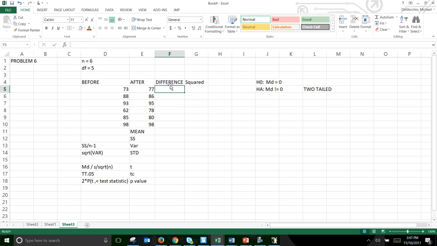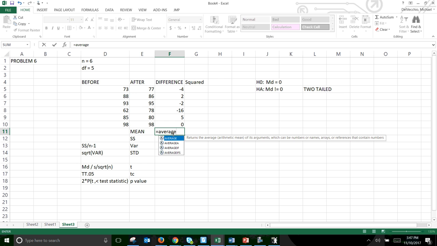So here I'm going to calculate my difference. I'll just do before minus after. Okay, so that's -4. So we actually did better. Let's go ahead and copy that down. Notice here they had the same score, so there was no difference. So this is going to be equal to the average, and I'll go ahead and select my differences.